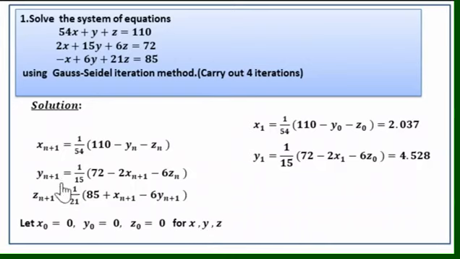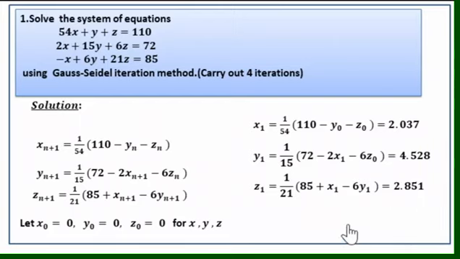Now the formula for z1 is 1 by 21 into (85 plus x1 minus 6 y1). Use these values of x1 and y1 here in the formula. So z1 is 1 by 21 into (85 plus 2.037 minus 6 into 4.528). Calculate, we will get 2.851. So this completes the first iteration.